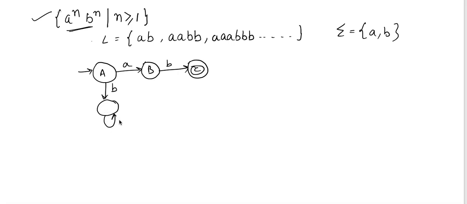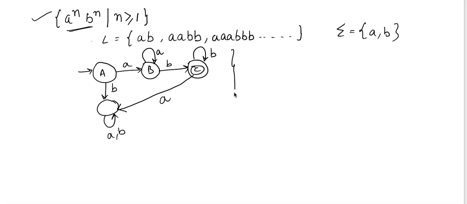Now check here at state B, if a comes, still a's are before b's, so I don't have a problem. At B, if b comes, I don't have the problem. Now if a comes here, I cannot accept it, because after b, a cannot come according to this language. So I go to the dead state.